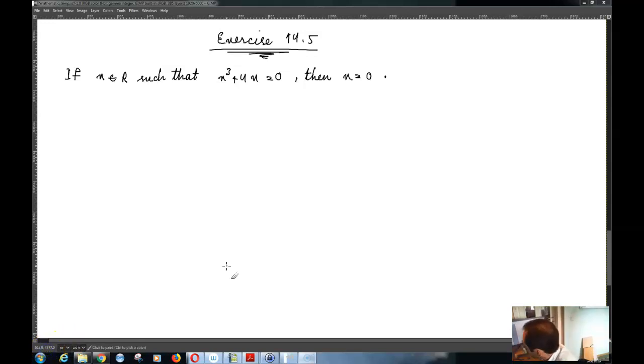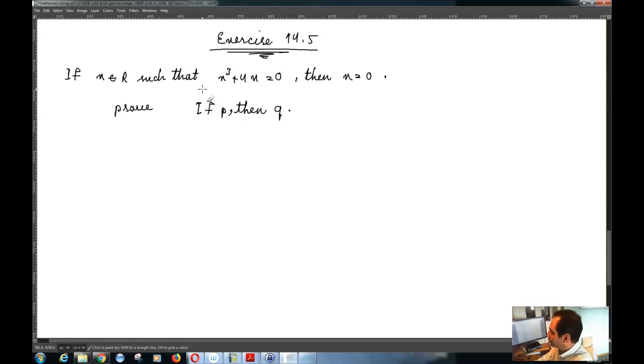In the direct method, in order to prove the statement if P then Q, we introduced two different methods.